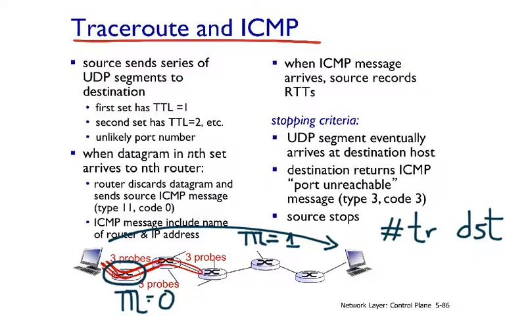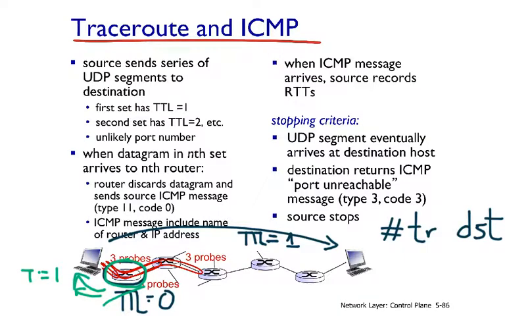Then this router will notify the source host with an ICMP packet of type 11. Your packet has died and you have to decide what to do with it. But the main goal here is to know the specific IP address of the first hop, because on this packet, the source host is the one for the router.